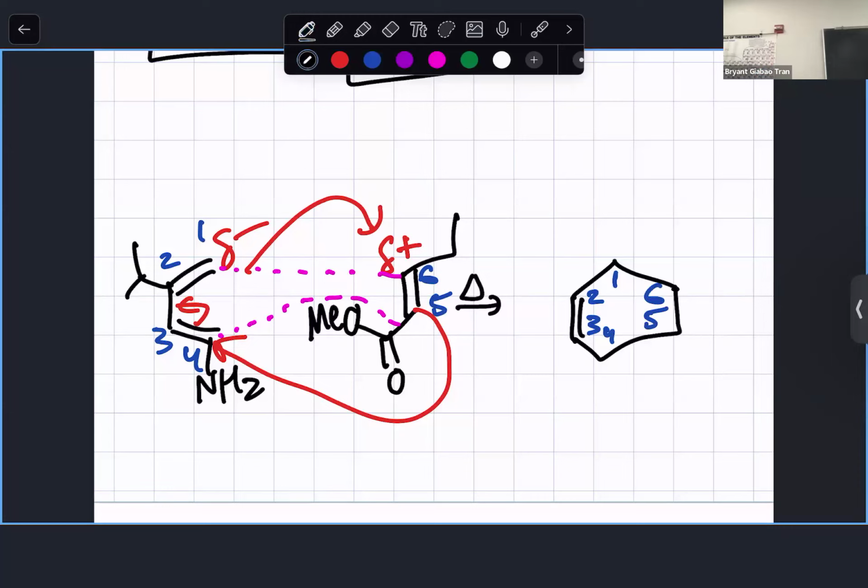This is the EWG. So these two groups will have to be cis to each other from the endo rule. So let's choose them to be dash. That makes this also have to be dash. To conserve the trans configuration, that ethyl group would have to be wedge.